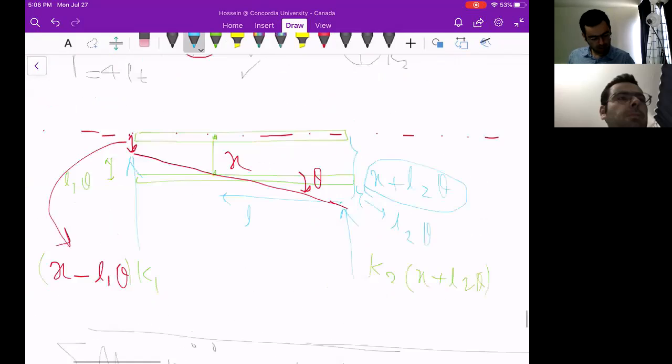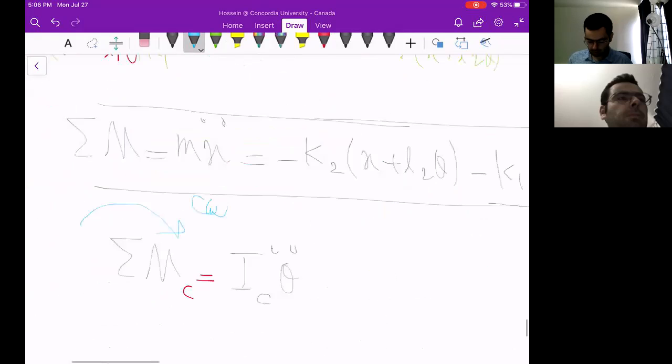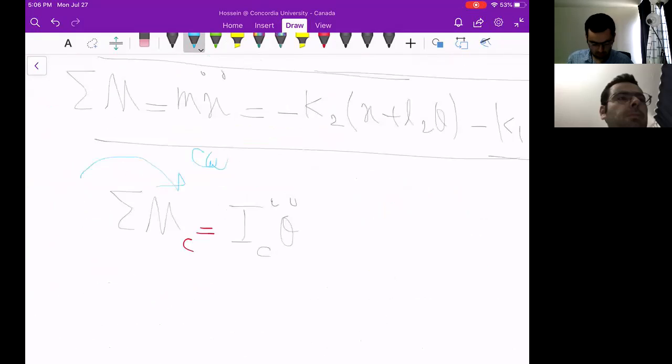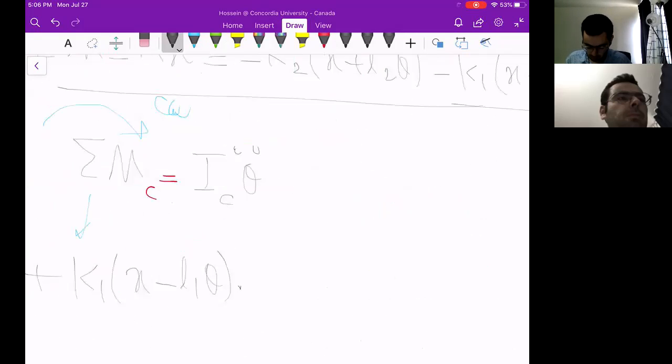So the left spring gives a positive clockwise moment, K1 times X minus L1 theta multiplied by the arm L1, minus the right spring force, which creates a counterclockwise moment, K2 times X plus L2 theta multiplied by the arm L2.